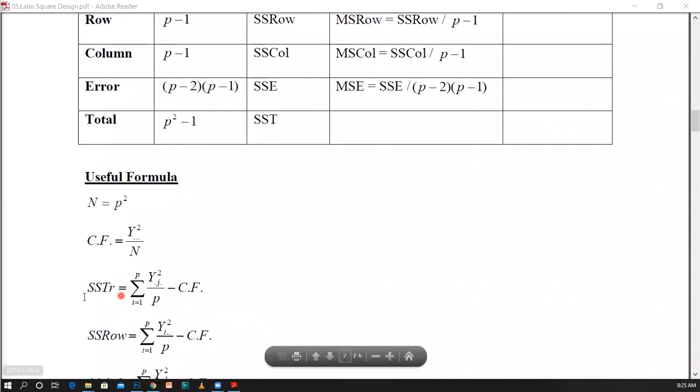If you need to obtain SS treatment, the treatment sum of squares, first you take the treatment totals individually, square them, sum them up, and divide by p, the number of levels in each factor, and then subtract the correction factor from this quantity.